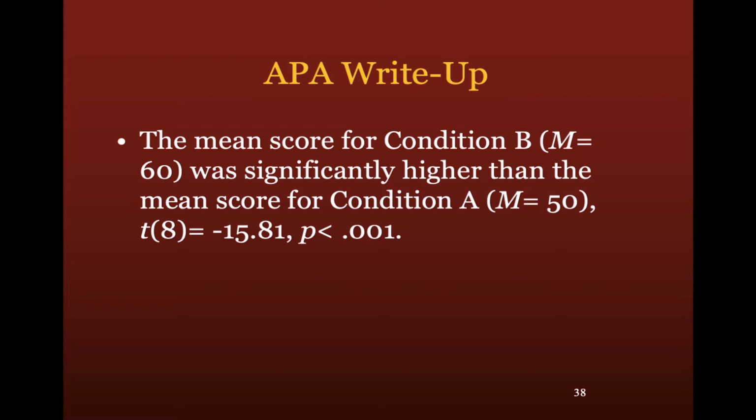The mean score for condition B, M of 60, was significantly higher than the mean score for condition A, mean of 50. Our t statistic, we have 8 degrees of freedom. The t-value is negative 15.81. The p-value is less than 0.001. And because that 0.001 is less than either alpha 0.05 or 0.01, we can conclude that we have a statistically significant difference between our two means.